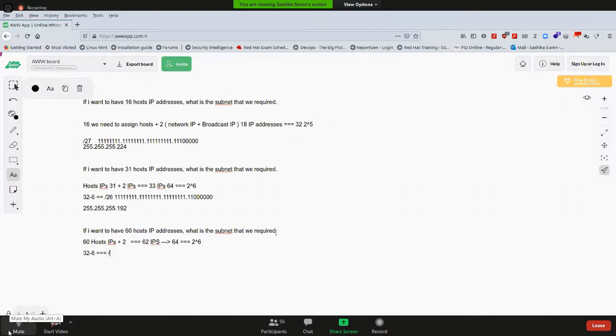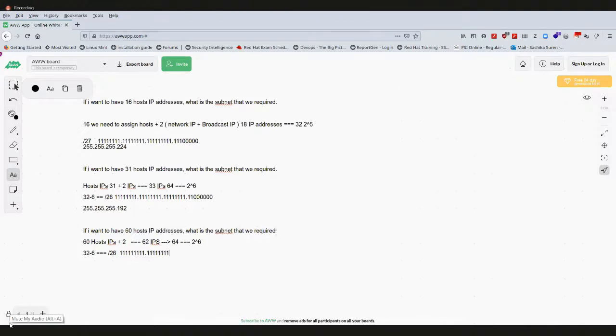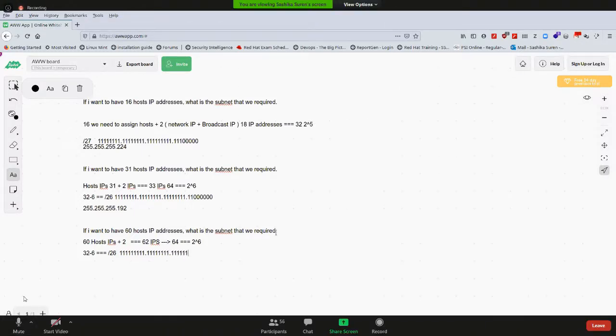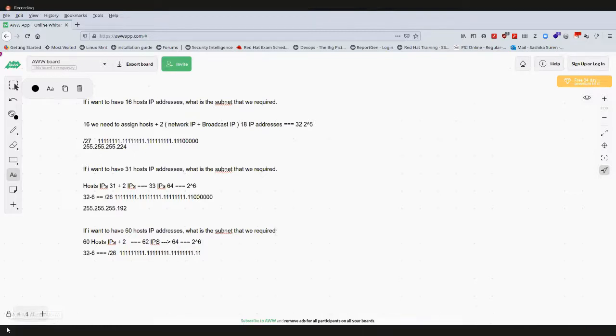That means the slash notation is /26. So 8 ones dot 8 ones dot 8 ones, that is 24 ones, 25 ones, 26 ones. The rest of the bits are zeros.